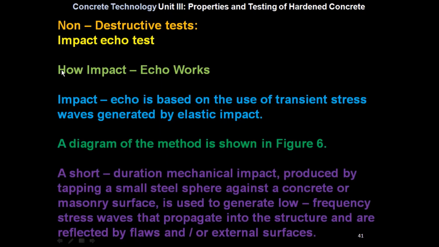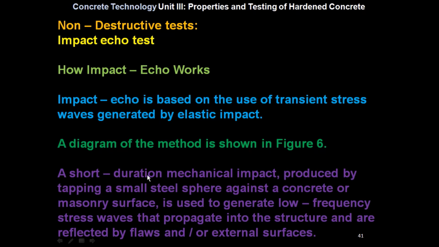Now we will see how impact echo works. Impact echo is based on the use of transient stress waves generated by elastic impact. A diagram of the method is shown in figure 6.